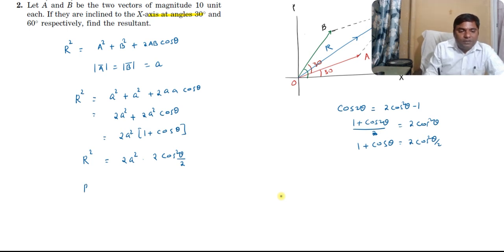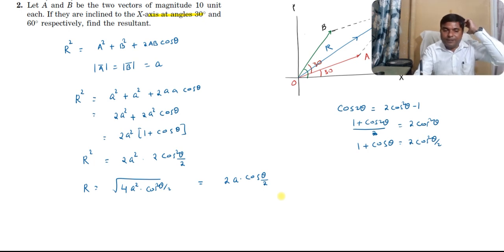So R becomes the square root of 4 a square cos square theta by 2. Further, this is written as R equal to 2a cos theta by 2. This is the standard result if the magnitudes of both vectors are the same.